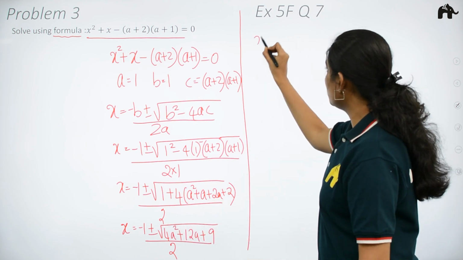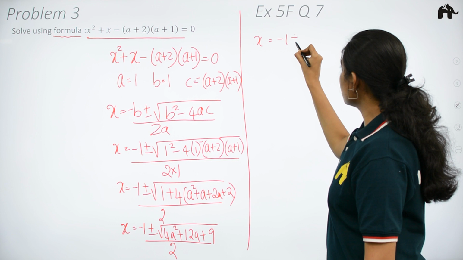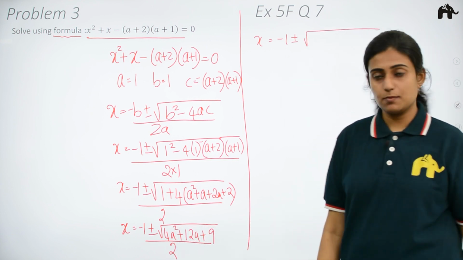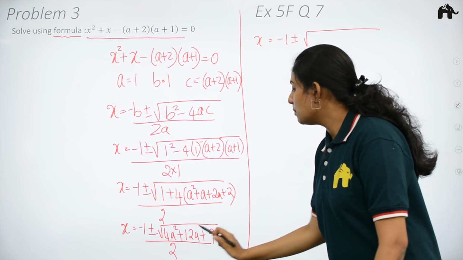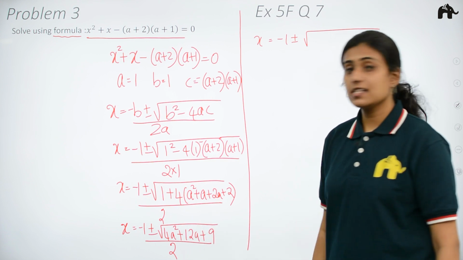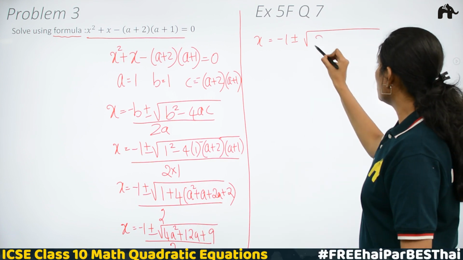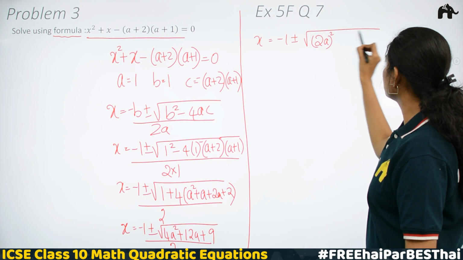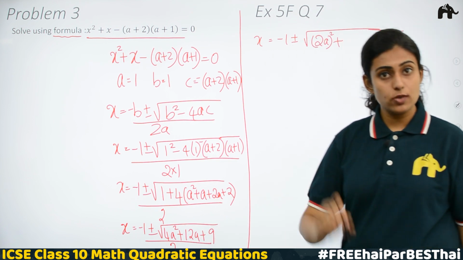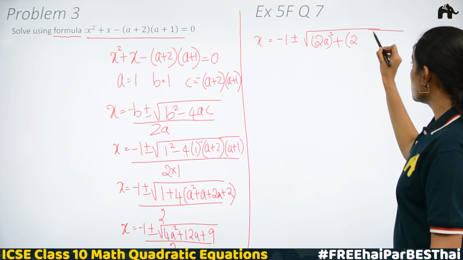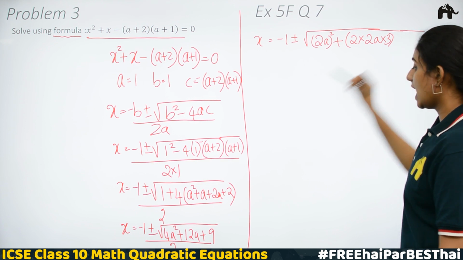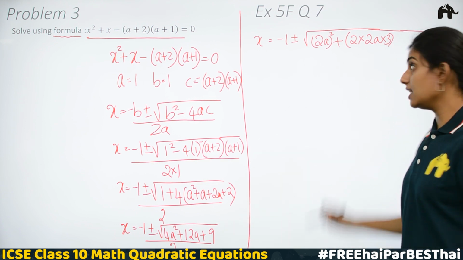x is equal to minus 1 plus or minus root of. Now just check these terms. We have 4a square plus 12a and 9. Okay. 4a square can be written as 2a whole square, plus, here we have 12a. 12a can be written as 2 into 2a into 3. And 9 can be written as 3 square.